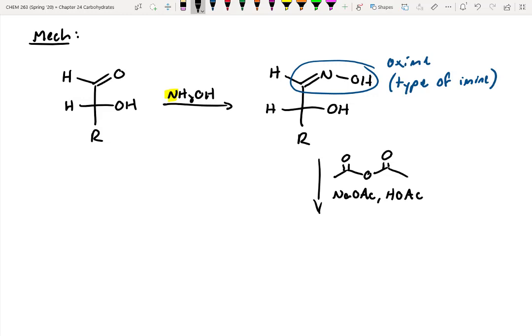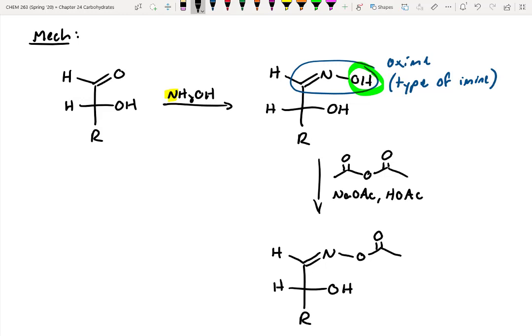By doing that, we're going to react the acetic anhydride with this OH group coming off our oxime, and we'll acylate it. Luckily, it's the most reactive OH group on this molecule, so we can selectively acylate it as long as we pay attention to our stoichiometry and we don't add excess acetic anhydride. So we're going to acylate that group.